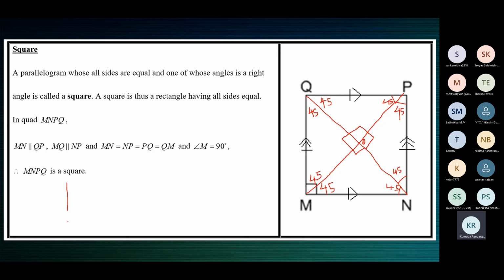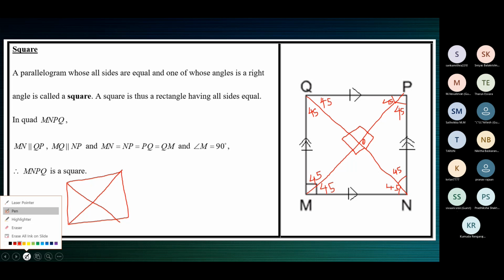So supposing you're given a square. Let me draw it more neatly, sorry.